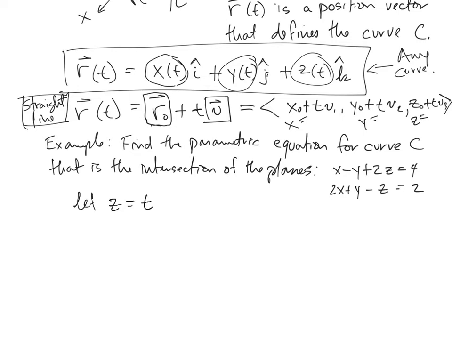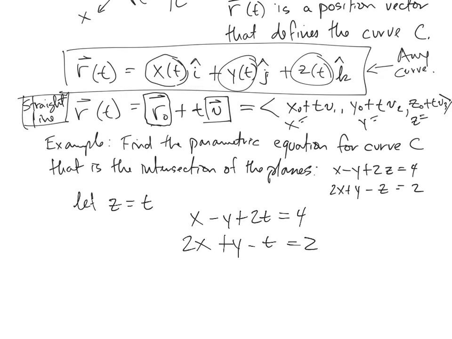If I let z equal t, well then I'm going to rewrite those plane equations. x minus y plus 2t is equal to 4. And 2x plus y minus t is equal to 2. So I've got two equations there, and I've got two unknowns, x and y, right? t is a parameter.